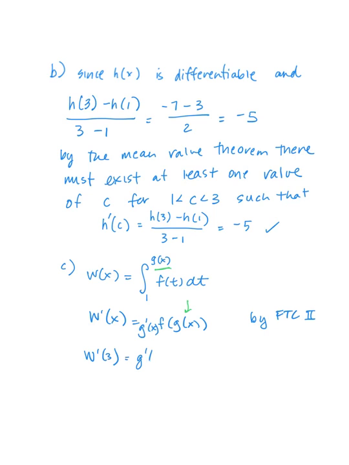And now we're going to plug in 3. Don't forget the chain rule right here. Chain rule. Okay. And we get negative 2. That's w prime of 3. Those come from the table where we're given f and g.